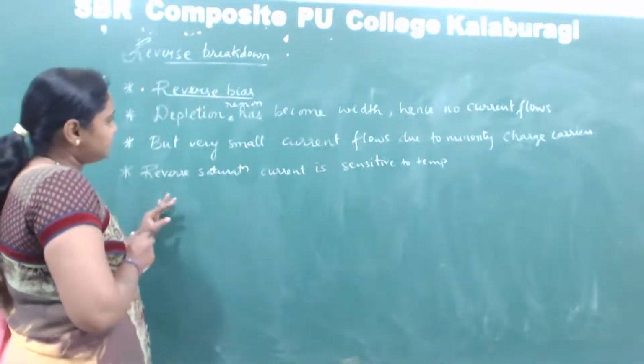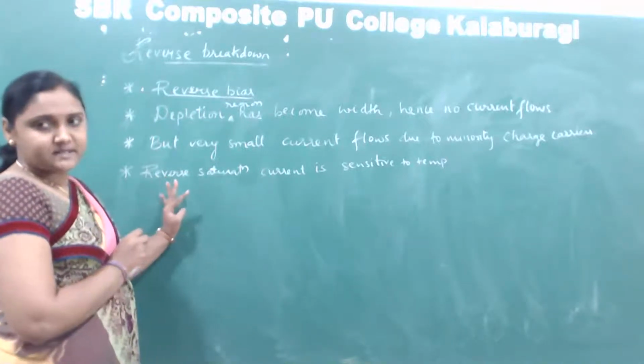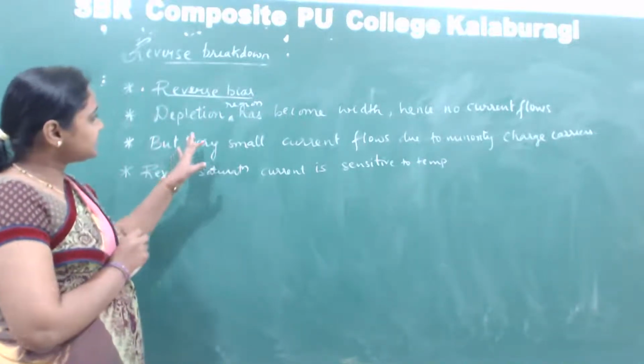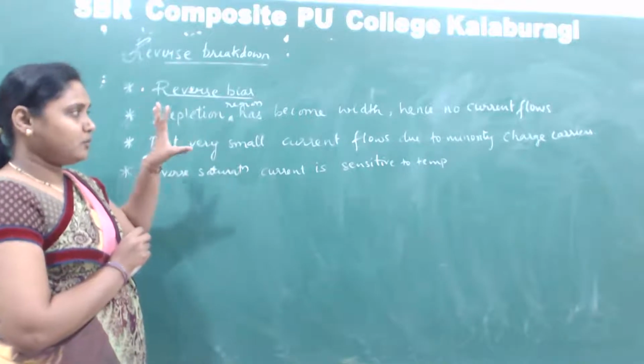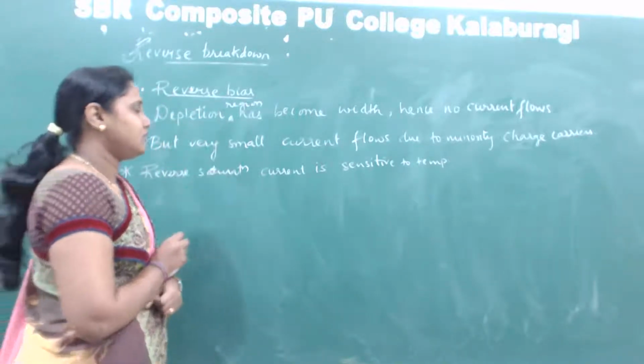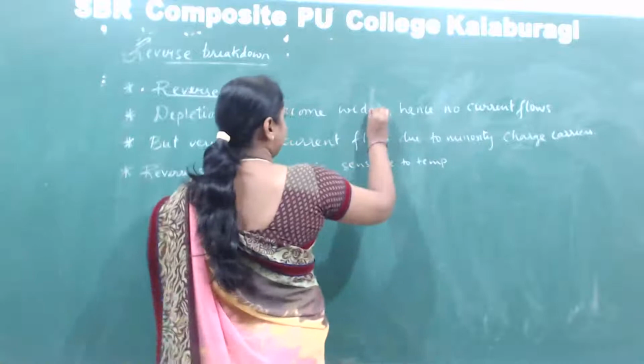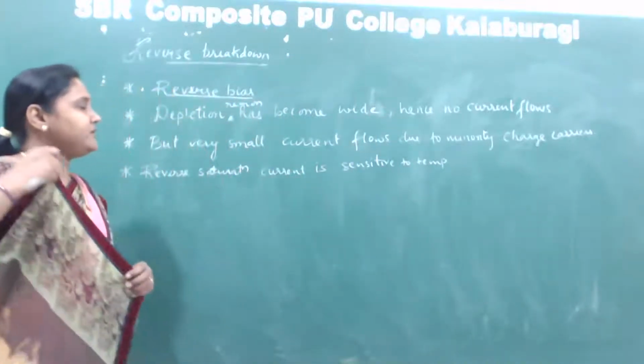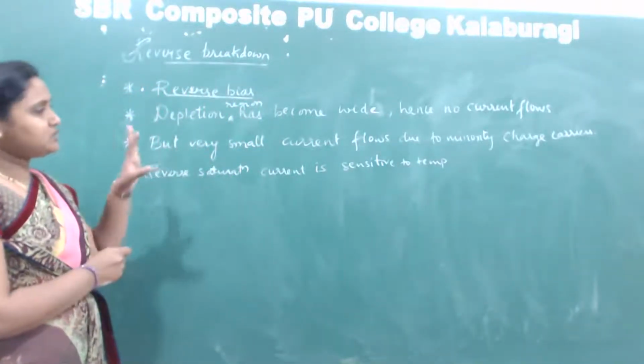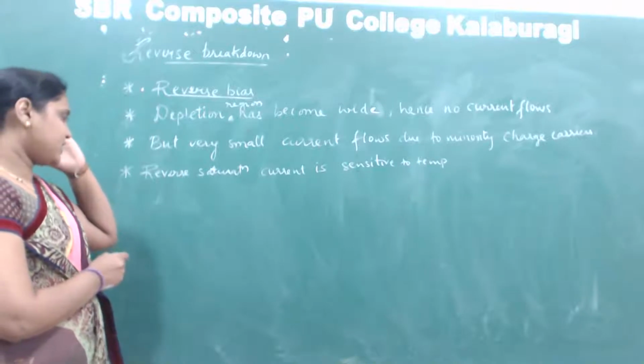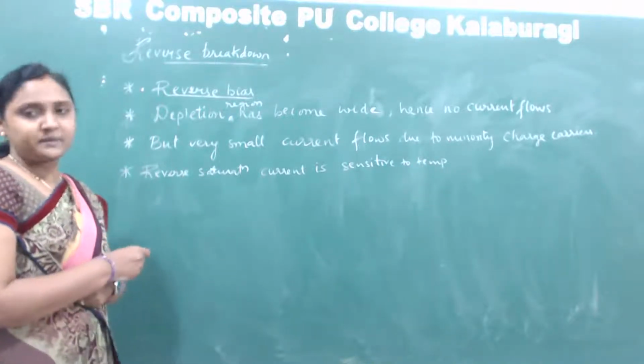So for the reverse bias condition, the depletion region has become wide, hence no current flows, but a very small current flows due to the minority charge carriers.